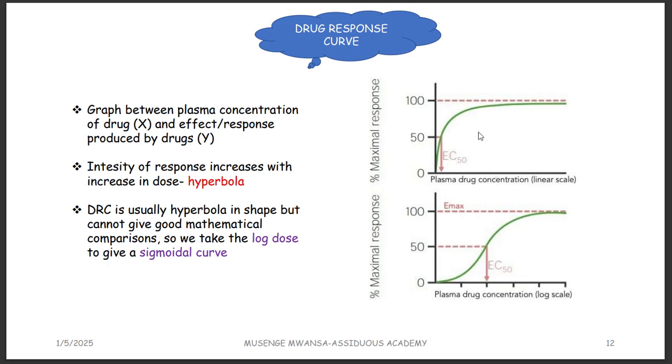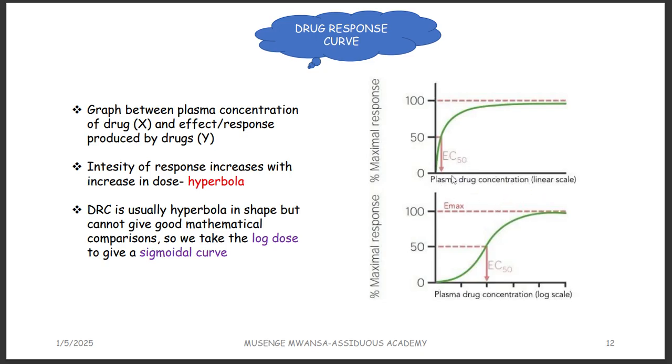All right. So this is known as a dose response curve or a drug response curve. Now, normally from this graph, you can see the way it is, it's a hyperbola. We can't get a lot of data from it. So what you want to do is find the log of the concentration of the drug.